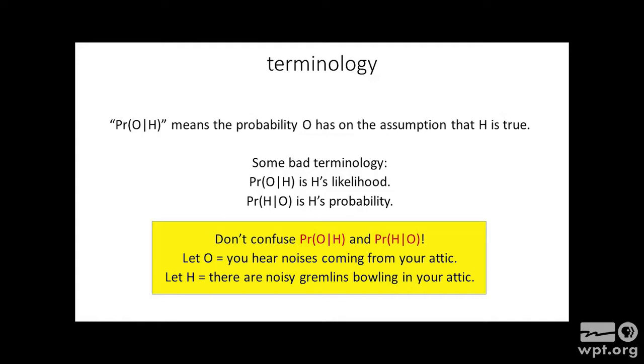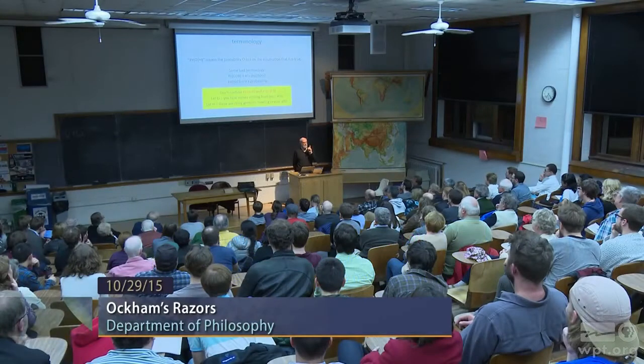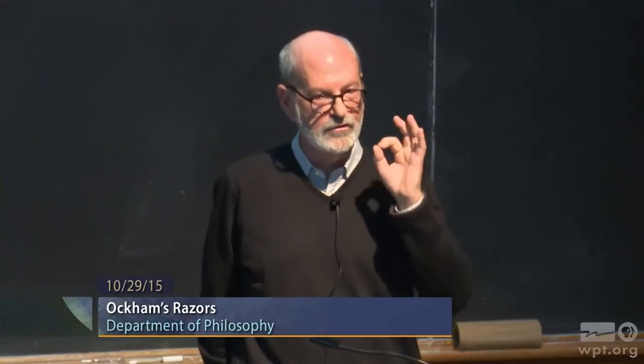I hope you see that the probability of O given H is high. But the probability of H given O, I hope none of us thinks that's high. So this example crystallizes the idea that to talk about the likelihood of a hypothesis is a whole different question from talking about the probability of the hypothesis. And I'm going to be talking about likelihoods now.